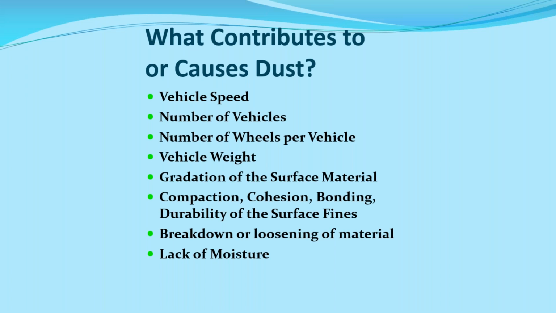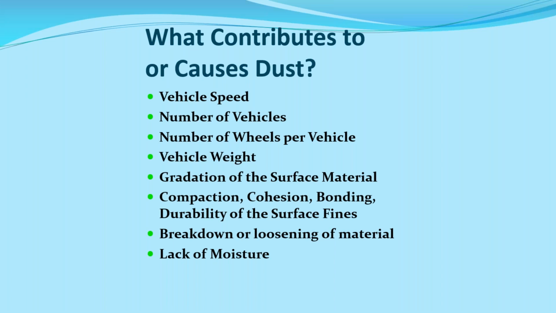Some of your higher speed roadways, like here in Idaho, if it's an unposted roadway, it's a 55 mile an hour roadway. We see 65, 75, 85 miles an hour down that roadway because we don't have a lot of law enforcement out there, and so people have a tendency to move right along. The number of wheels on those vehicles: you look at the dust behind a semi-truck versus a car, and it's considerable.